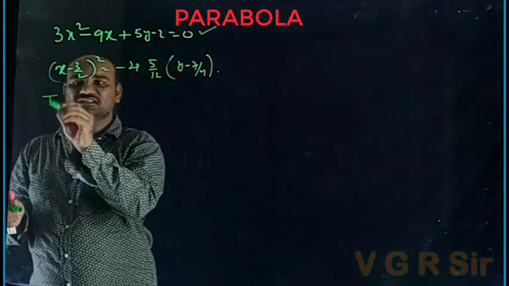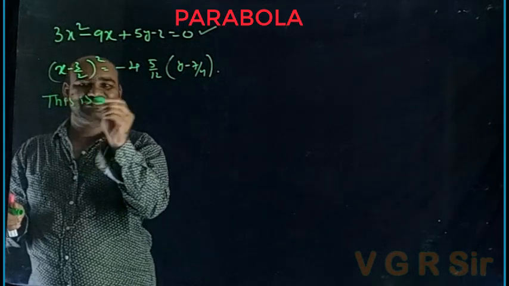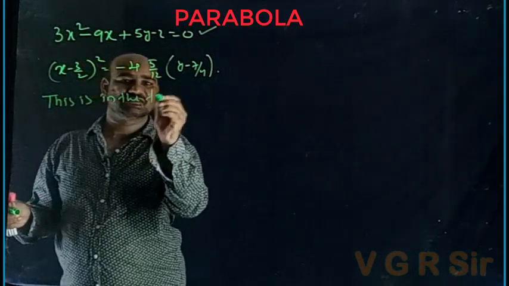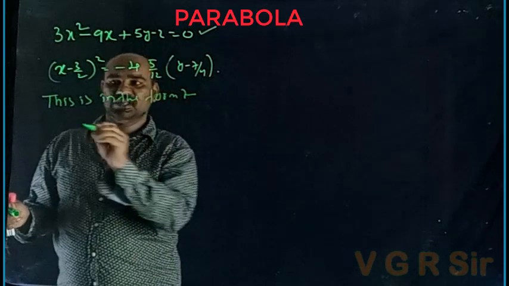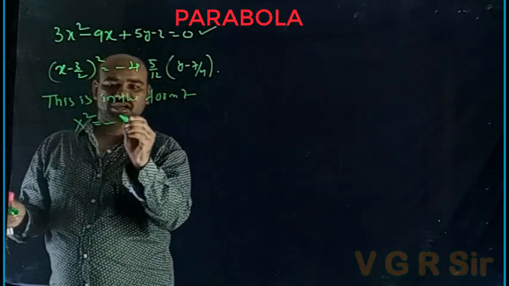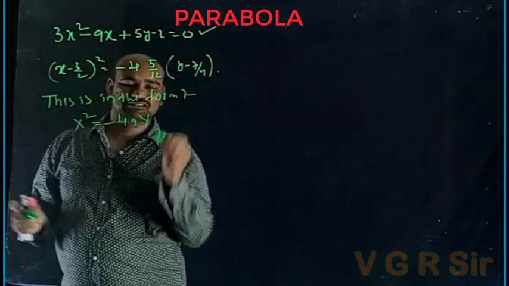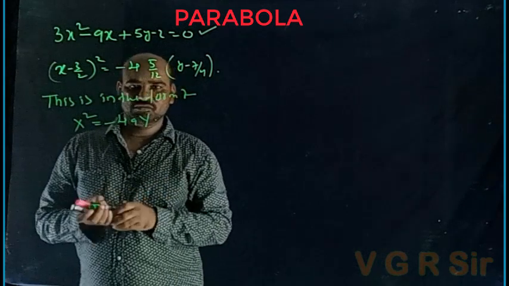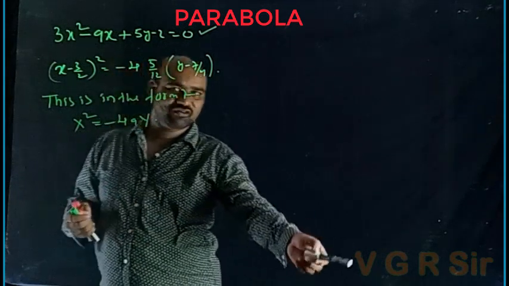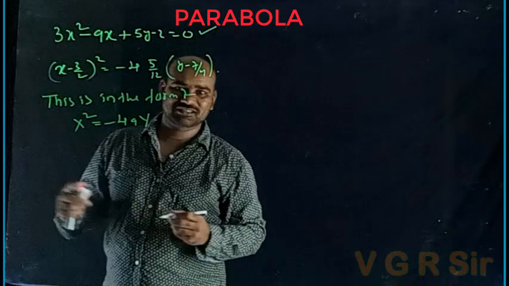So I can say that this is in the form of capital X square equal to minus 4a into capital Y. Understood? I wrote the new vertex here.